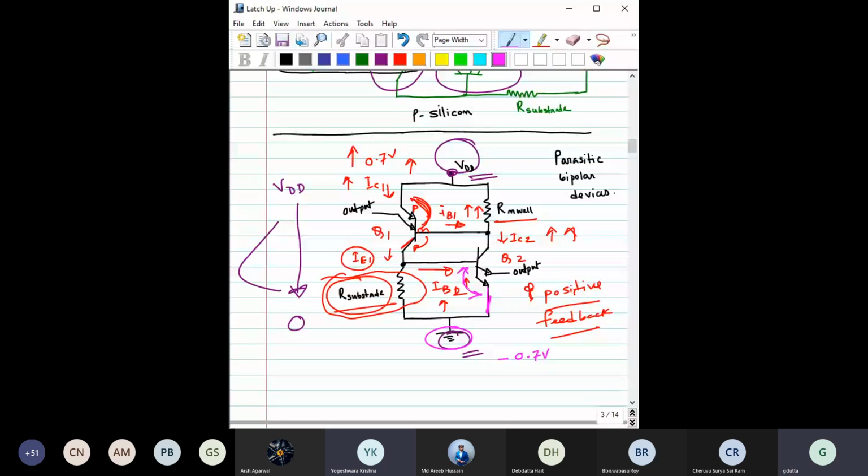This makes this PN junction forward biased, that will increase this IC2, this IC2 will increase IB1, then again the whole scenario will come into the picture, right? So latch up could have occurred because of a sudden spike in VDD as well as in the ground. Any rail sudden spike can create the latch up issue in a CMOS inverter, right?